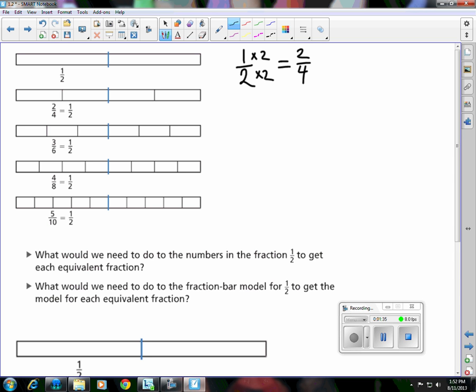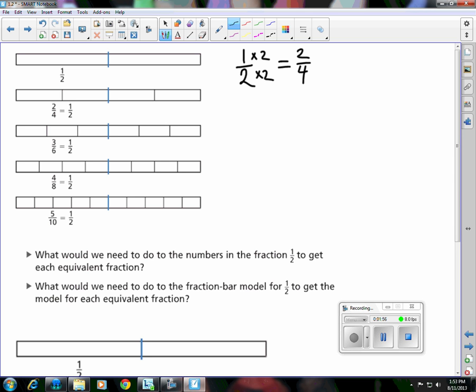And whatever you do to the denominator, you have to do to the numerator. So you'll notice that I multiplied them both by 2. I have to do that if I want to keep my fraction equal. If I don't keep both those multiplied by the same exact number, I don't have an equivalent fraction. It does not work. So make sure that that's happening as you're working through these.